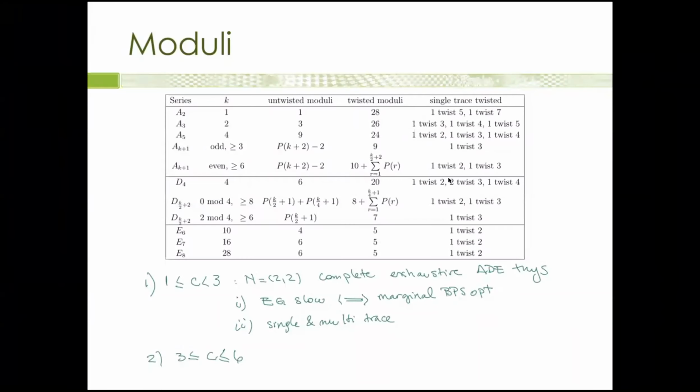Okay, and one another question: when you have more than one single trace twisted moduli, do you understand whether there's some symmetry reason for it? Like maybe it's just more supersymmetry than what is put in, or they're all 2,2. But you're also counting things like 4,4 inside 2,2, right?